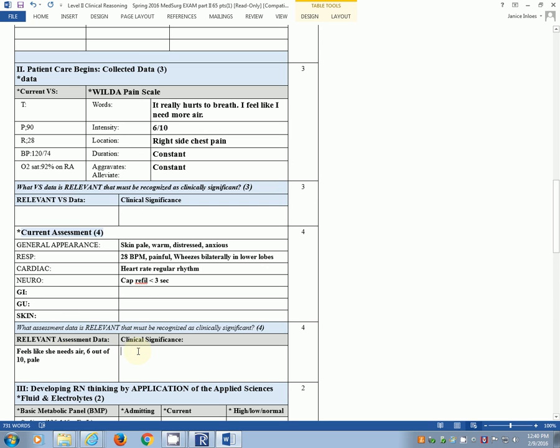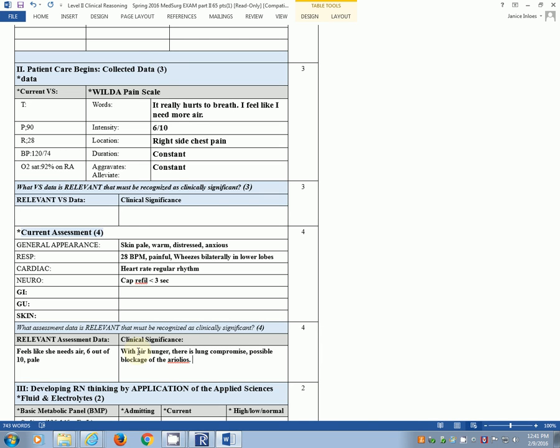So clinical significance of that. Well, with air hunger, there is lung compromise. Possible blockage of the area. Etc. So that's clinical significance.